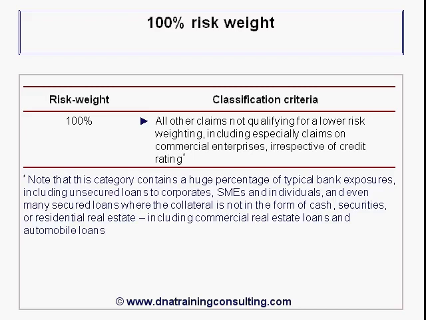Now, this category contains a huge percentage of typical bank exposures, including unsecured loans to corporates, loans to small and medium enterprises, loans to individuals, and even many secured loans where the collateral is not in the form of cash or securities or residential real estate, including, for example, loans secured by commercial real estate and by automobiles.